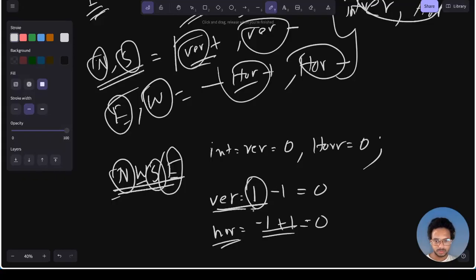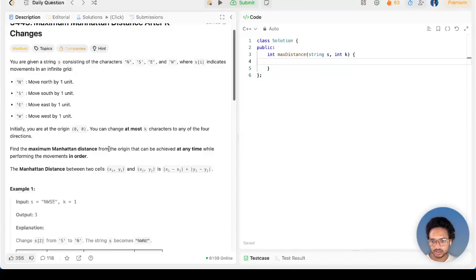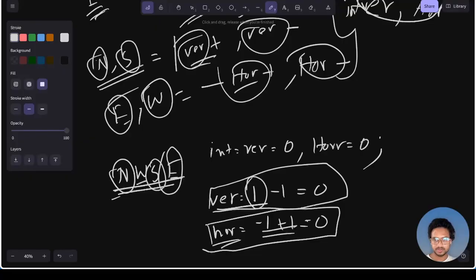So we found out how we can determine the value. Now all we have to find is how we can find the distance. If you have a look at the question, it says the distance should be the absolute value.